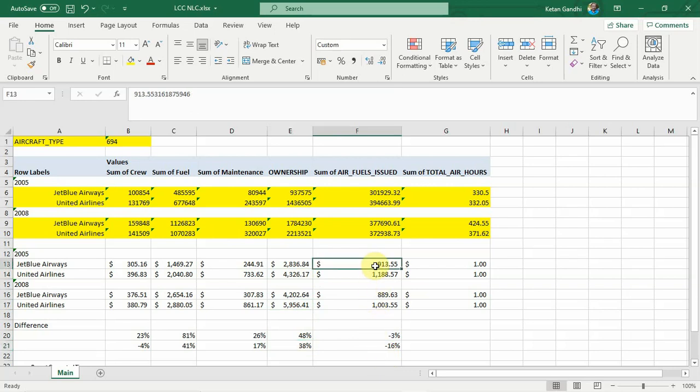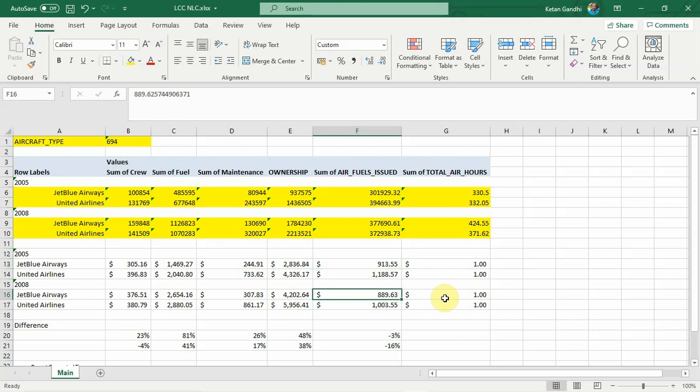Then we'll have the air fuel issued. This for JetBlue Airways 2005 and 2008 is -3%. Okay, there was a decrease in the cost of the fuel issued. So fuel issued was 913 and here it is 889.